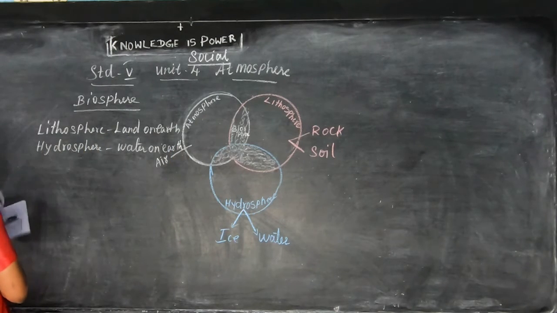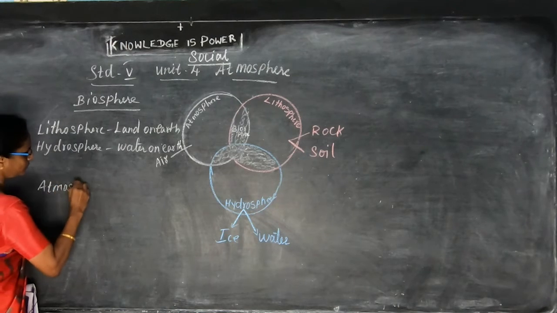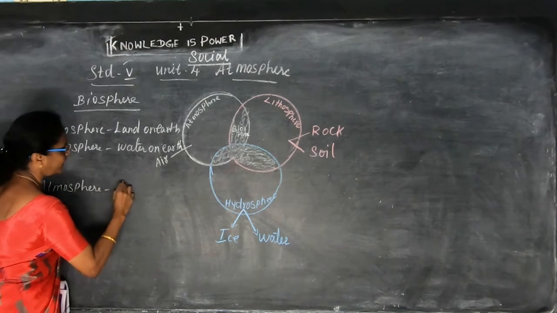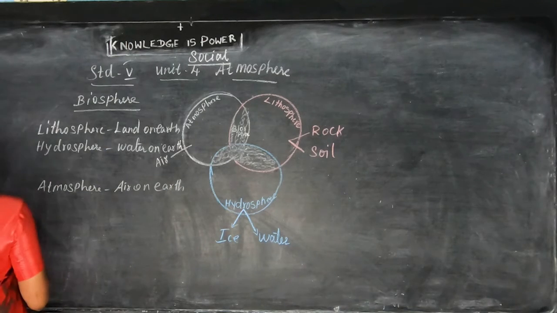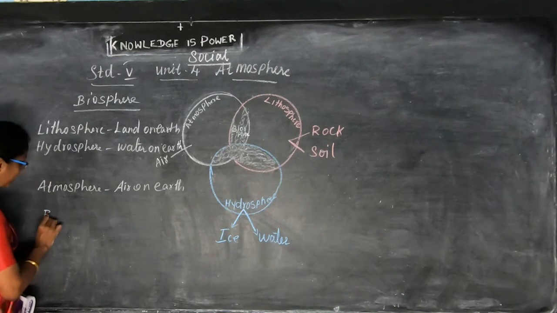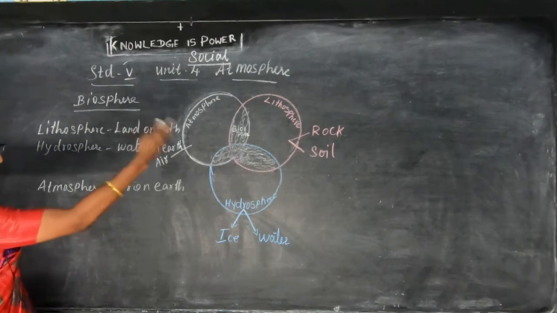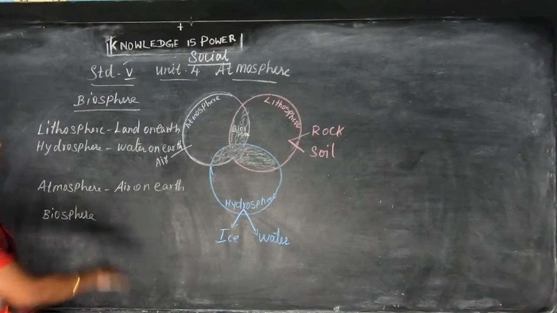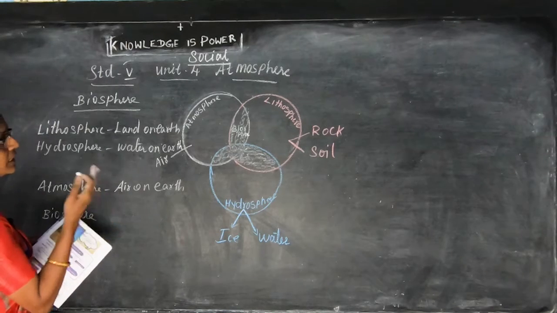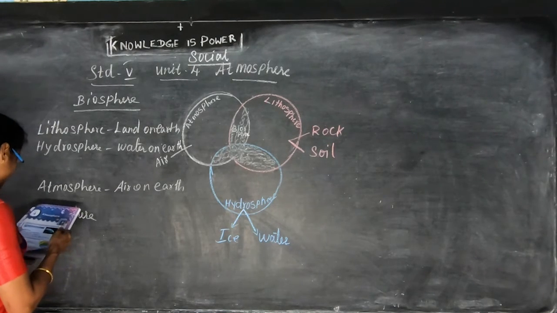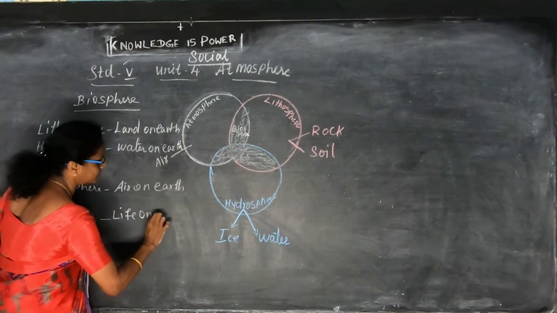Then atmosphere is air on the earth. And biosphere is life on the earth. So in the biosphere, all the three together: air, rocks and soil, ice and water. All this mixed together is the combination of the lithosphere, hydrosphere and atmosphere. So that is the life on earth. Biosphere is the life on earth.